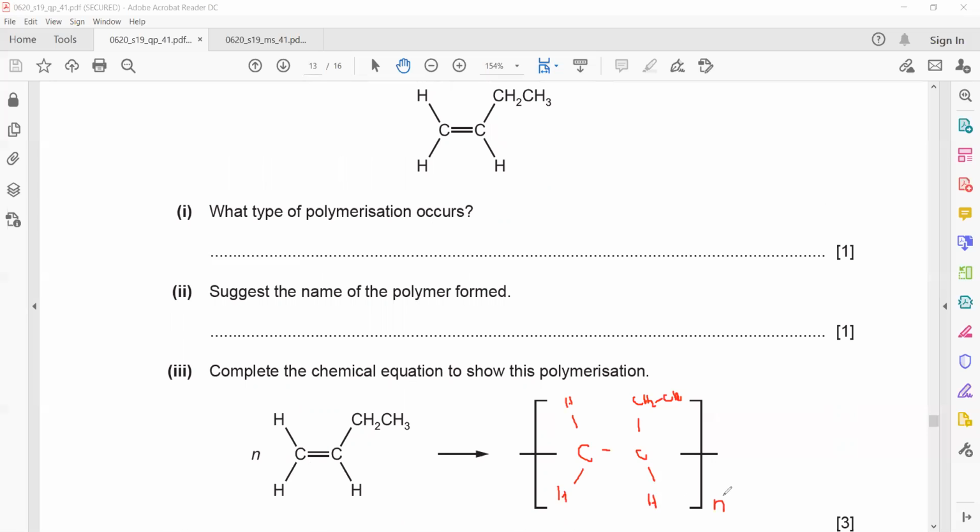This n is 1 mark, showing these bonds is the second mark, and drawing a single bond is the third mark. So whenever you draw a polymer, just break the double bond, make it into single, link them and put n.